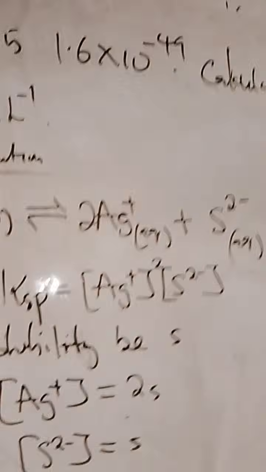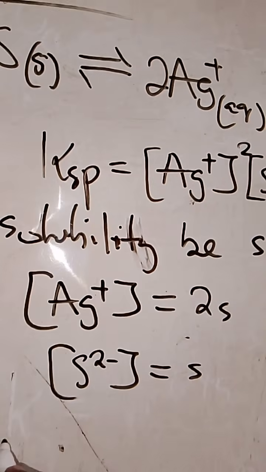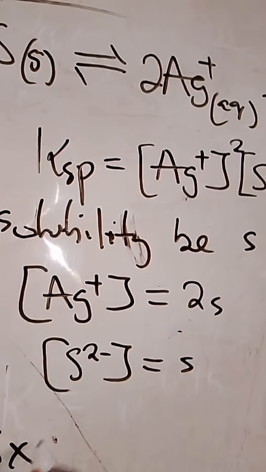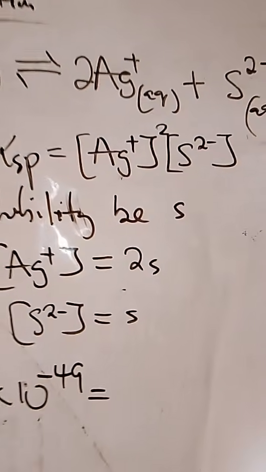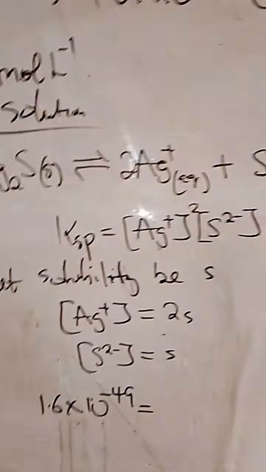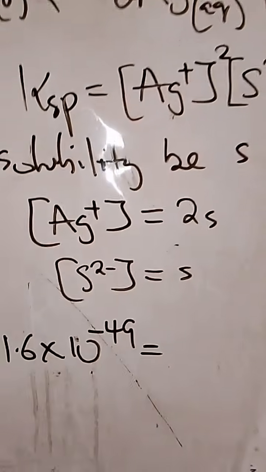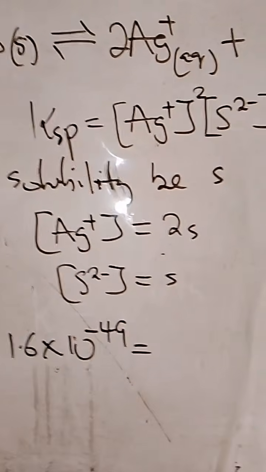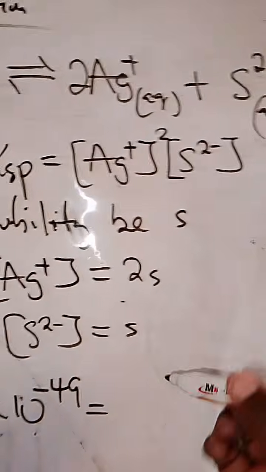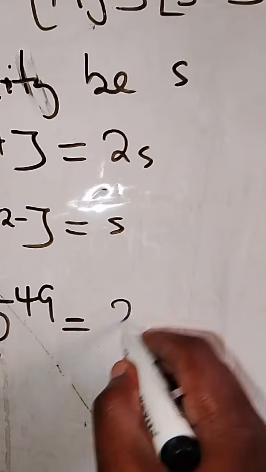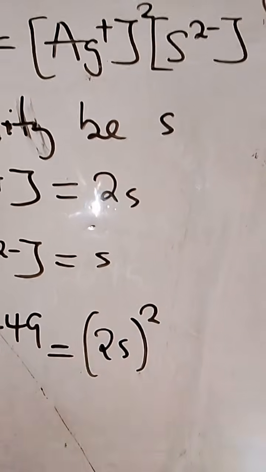Now we use our Ksp expression. Ksp is given, which is 1.6 times 10 to the power negative 49, and this is equal to, now we substitute into the equation. The concentration of silver is 2S, so it will be 2S squared.